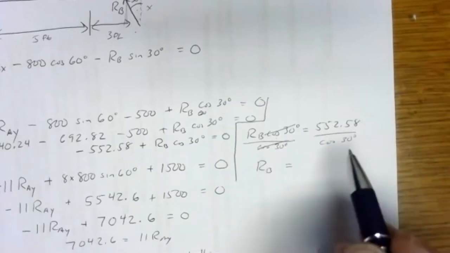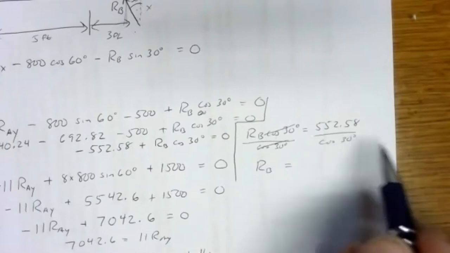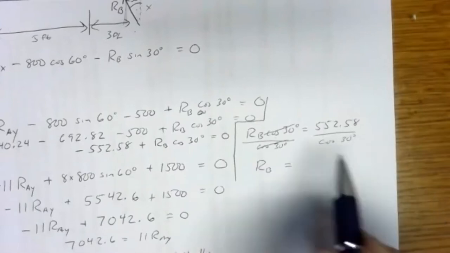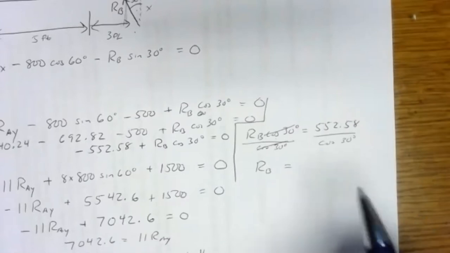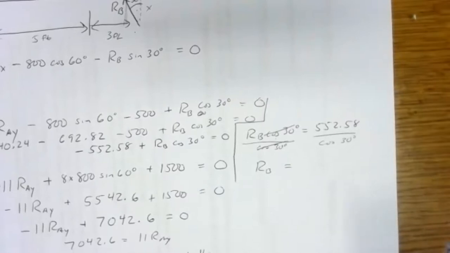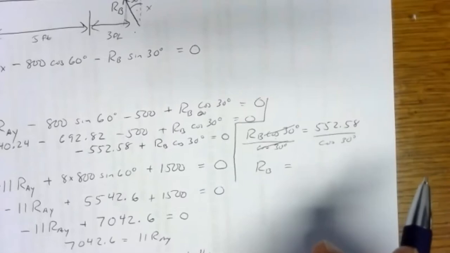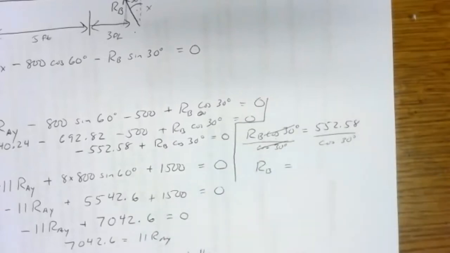Now, cosine of 30 is not that bad of a number, but it's still something you might mistakenly miswrite. Especially things with double digits, they always throw me off. I have a tendency, if I have 0.8660, to write 0.8860 and double up the wrong digit. So the more you can keep in your calculator, the less you have to transcribe, and the better your chances are of getting the correct answer.